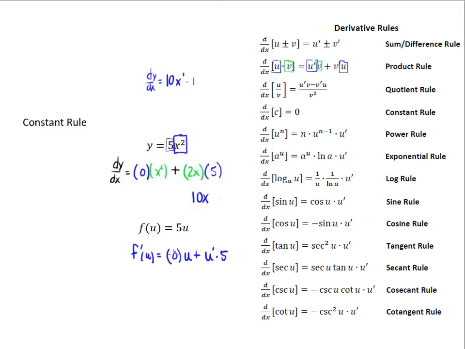That part's always going to go away because this is a constant. That's always going to be 0. And I'm always left with whatever my constant is, I'm going to use c for constant, times the derivative of the second part. It's a special case of the product rule and makes life really nice when you're dealing with constants in front of expressions. So it's simply take the derivative of the expression and multiply it by the constant.